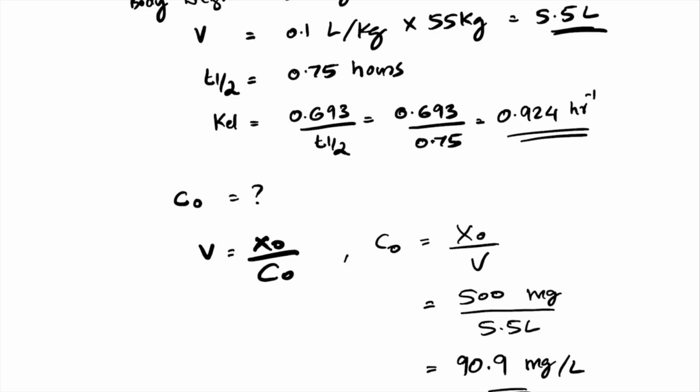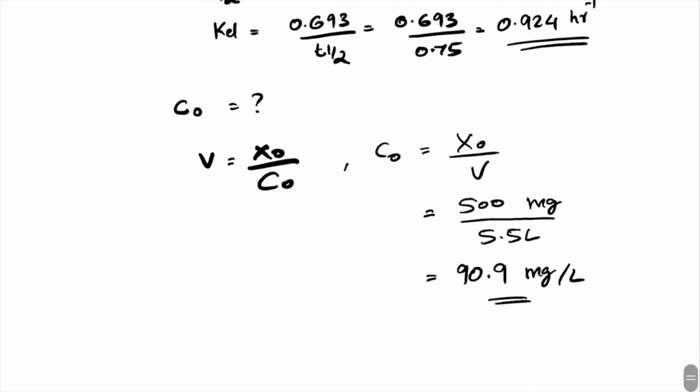The next part of the problem is to calculate the amount in the body 4 hours after the dose was given. It's a single dose, and it's a first order model.